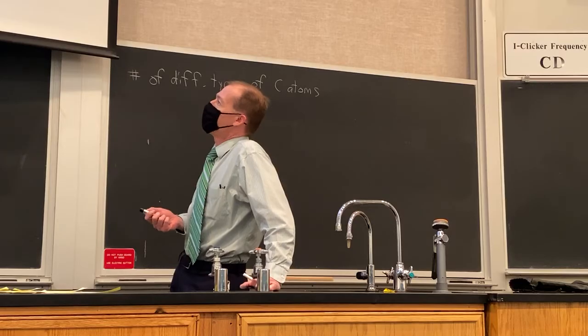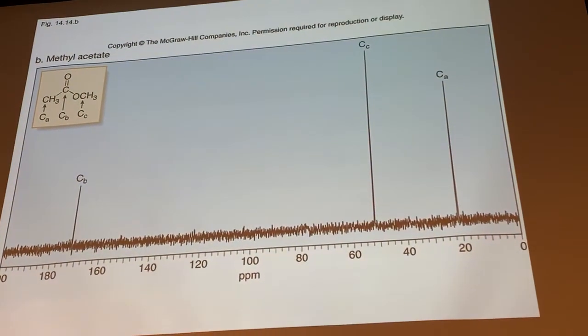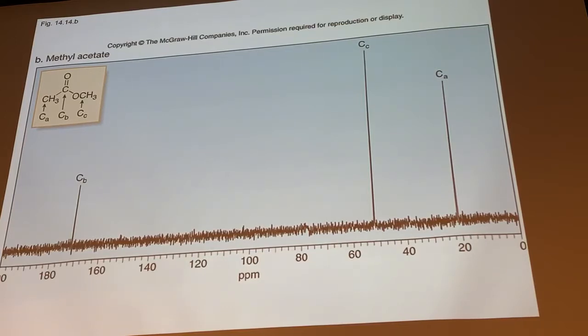So all we have to do is count the number of signals in our C13 spectrum, and that tells us how many different types of carbons are present in the molecule. If the number of different types of carbons is less than the total number of carbons, which you can usually figure out from your mass spectrometry data, then that tells you that there is symmetry present somewhere in your molecule, that you have some equivalent carbons that are causing you to have fewer different types of carbons than total carbons.